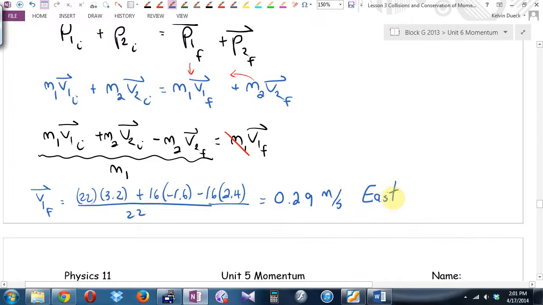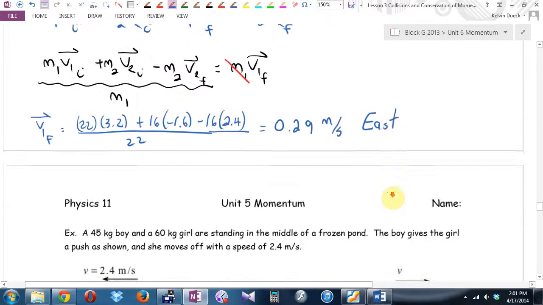Capital E or east. Okay. Thumbs up? Yes.